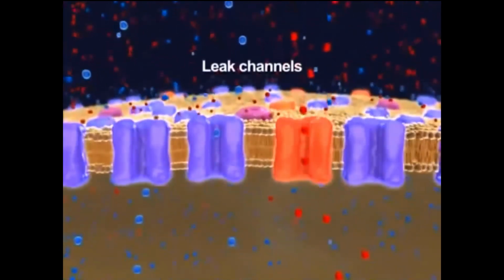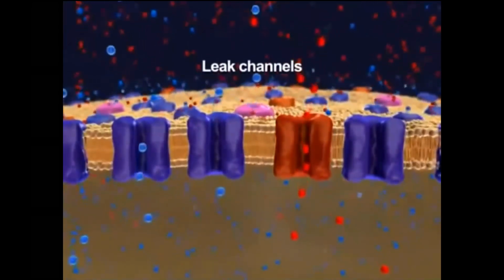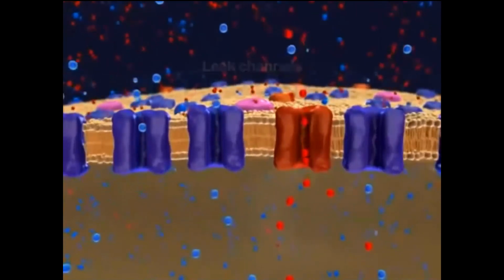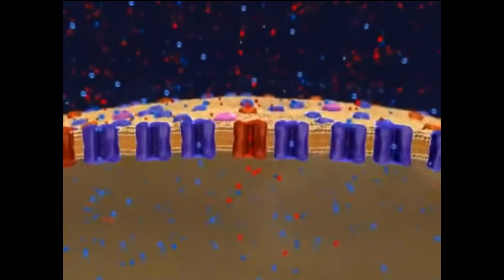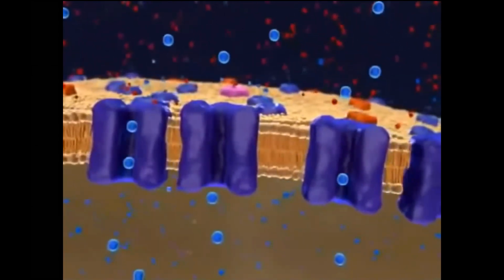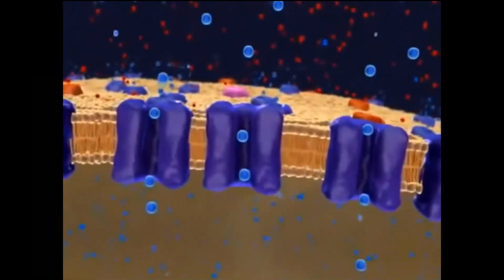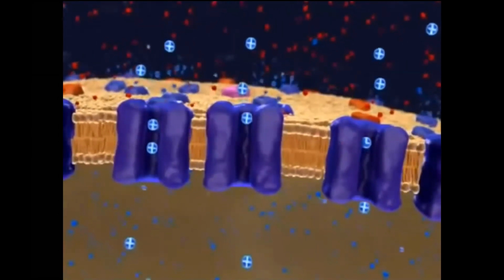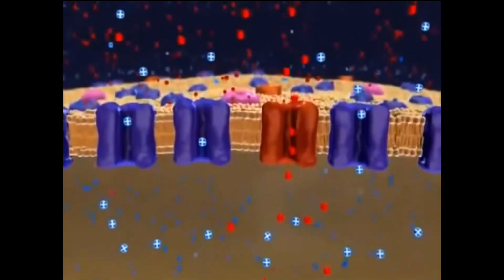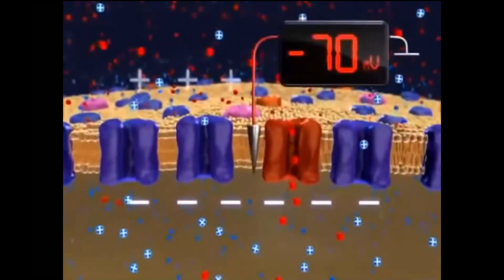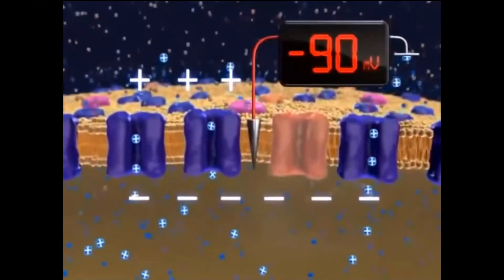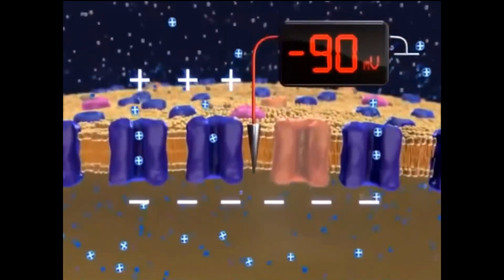Leak channels in the plasma membrane allow sodium and potassium ions to diffuse or leak down their concentration gradients. The membrane contains many more potassium leak channels than sodium leak channels. Thus, the membrane is much more permeable, or leaky, to potassium ions. As positively charged potassium ions leak out of the neuron, the inside surface of the membrane becomes negatively charged compared to the outside surface. If potassium was the only ion moving, the potential would stabilize at -90 millivolts.